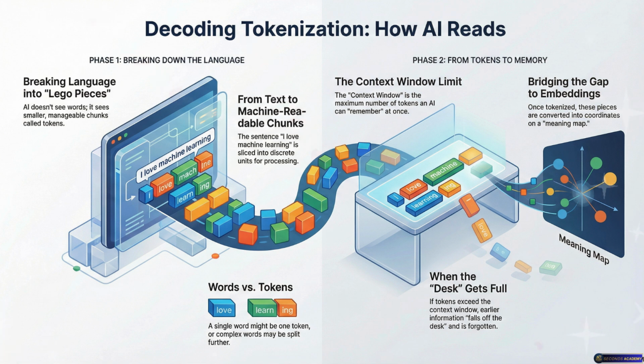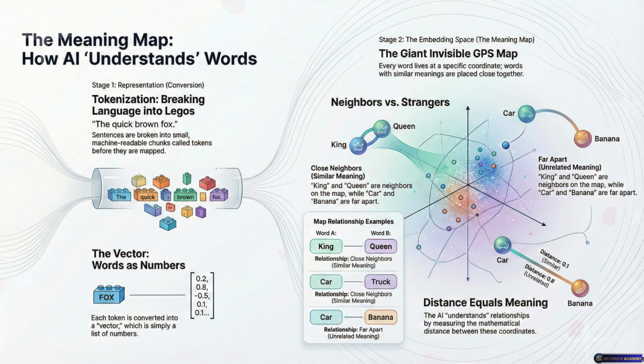Well, here's where it gets really interesting. This is where we introduce the second core engineering concept, embeddings. To conceptualize an embedding space, I want you to imagine a vast, highly dimensional mathematical map. Like a GPS map. Kind of, but we are not talking about a flat 2D map. We are talking about a mathematical space with thousands of dimensions.